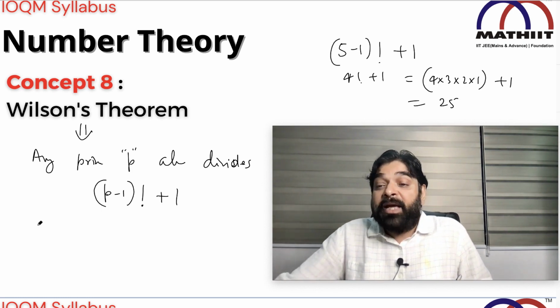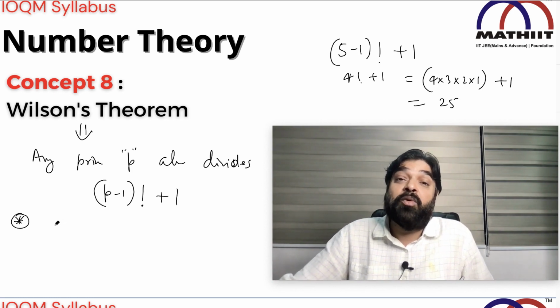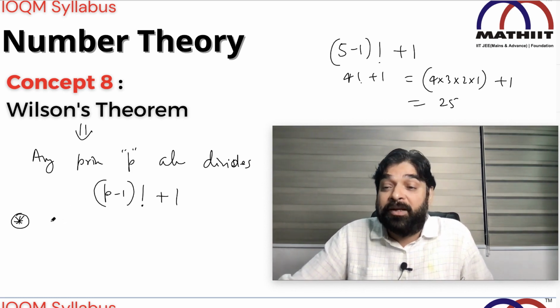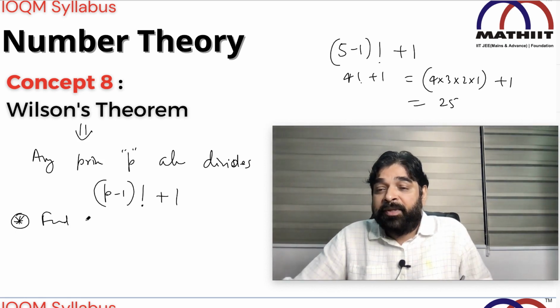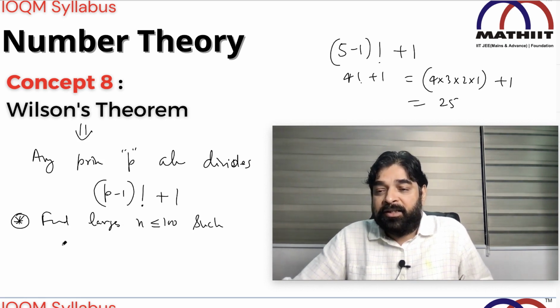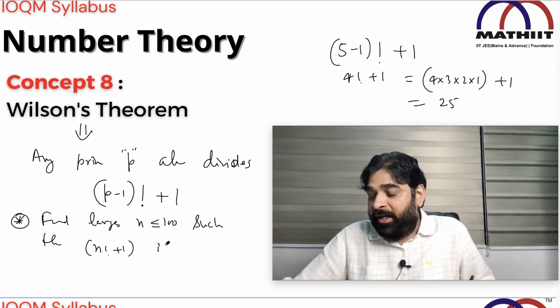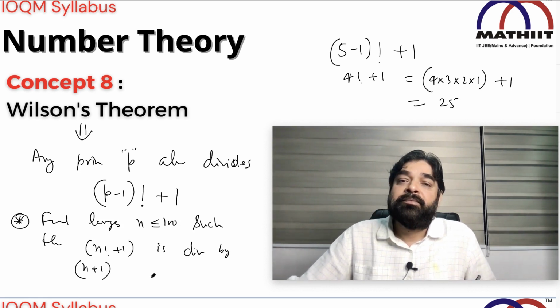Understand? In PRMO, one time they asked a very beautiful question, and it was an easy question if anybody knew Wilson theorem. They asked: find the largest n less than or equal to 100 such that n factorial plus 1 is divisible by n plus 1. Very simple.